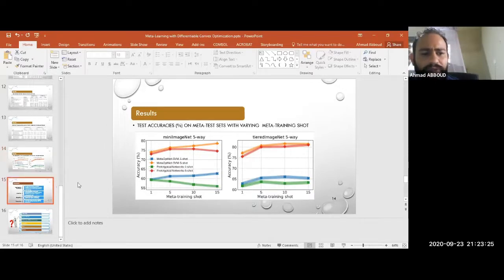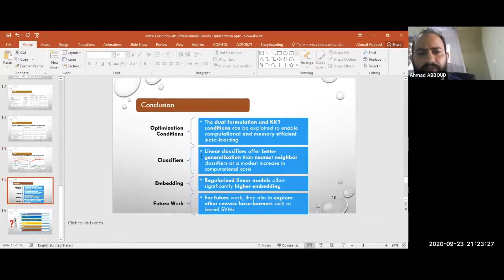In conclusion, we can see here that we have 3 points and the future work. First, the optimization point: the dual formulation of the KKT conditions can be exploited to enable computational and memory efficient meta-learning.